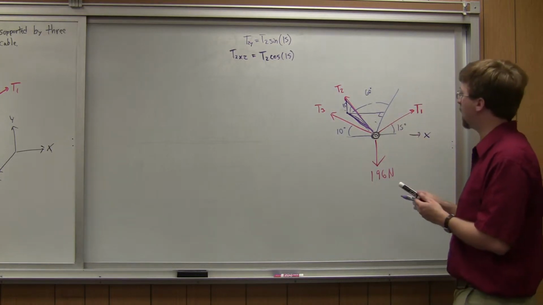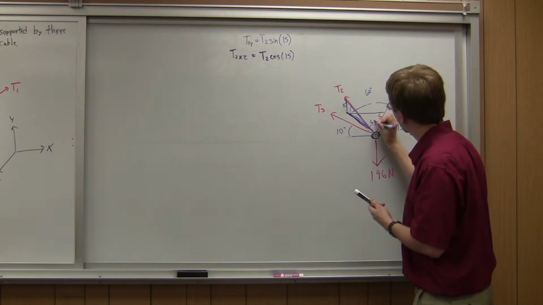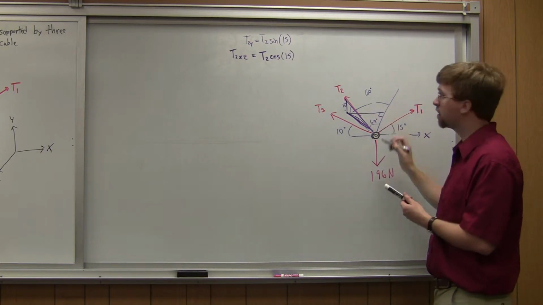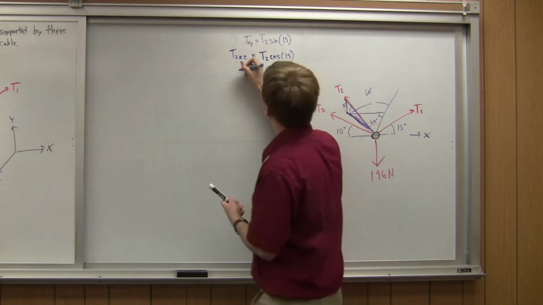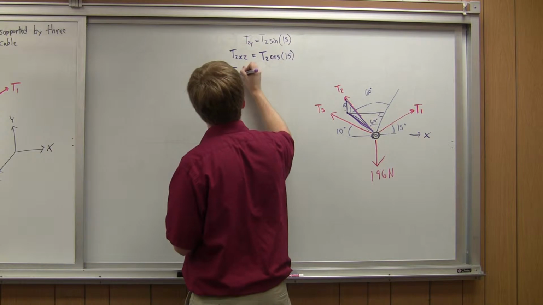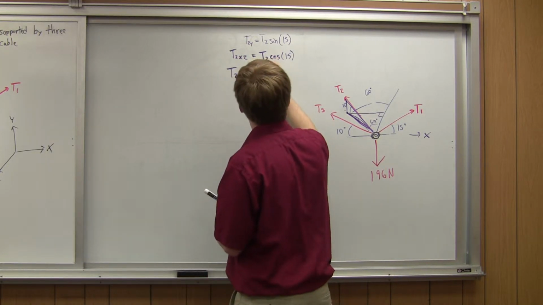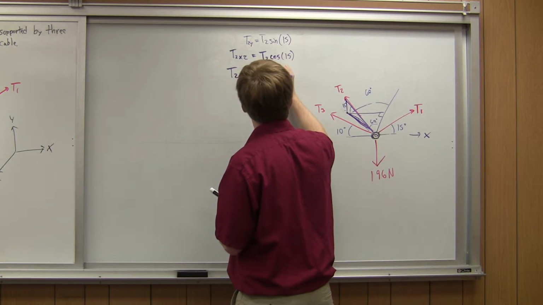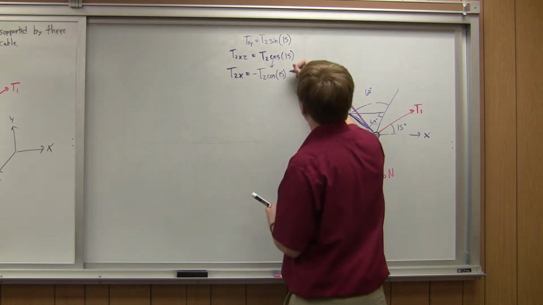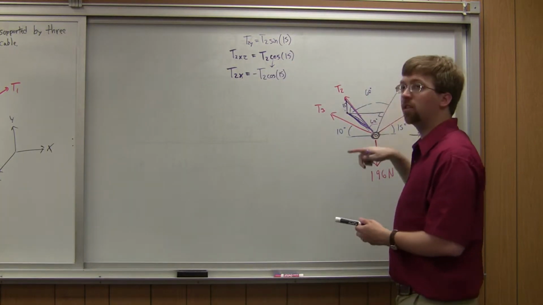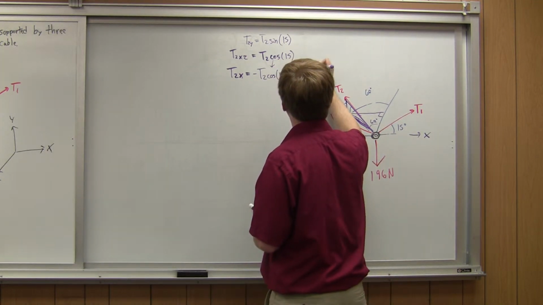The x direction is opposite. It's going to be negative, and this is 60 degrees. So opposite is going to be x, times T2xz. So T2x is going to be negative T2 cosine 15, which I pull straight down from there, times the sine, since it's opposite, of 60 degrees.